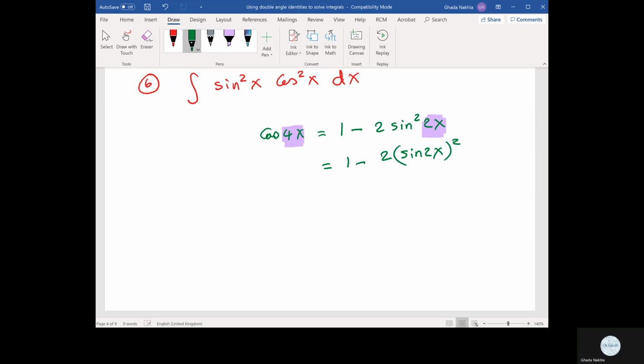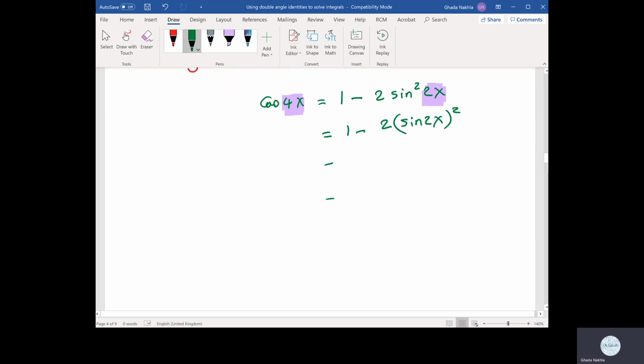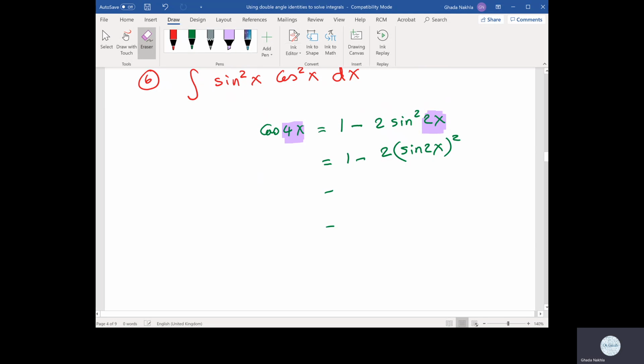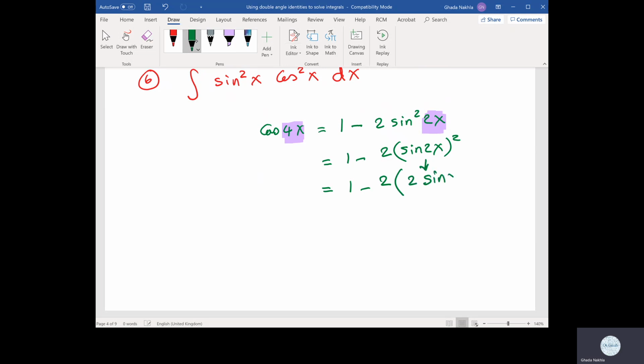I can then follow it up and say that this is equal to 1 minus 2, and sine 2x is 2 sine x cos x. It's one of the identities, again, written at the top of this document.